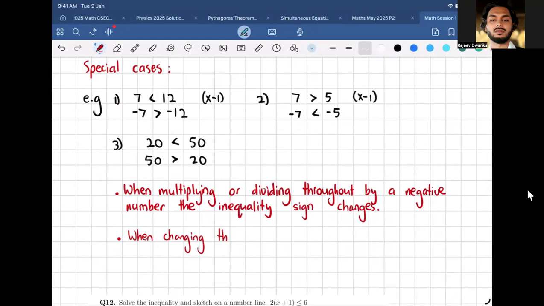It would be when changing the order of the inequality, the sign changes.